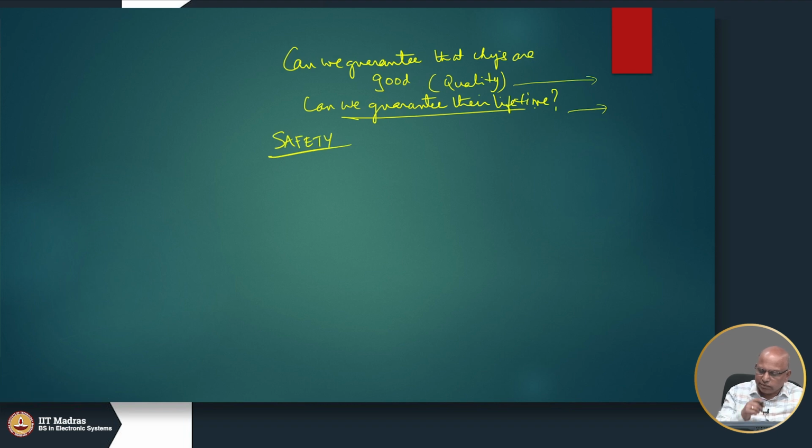So, chips may fail. See, remember this bathtub curve? Even here there is a small chance of failure, right? So, if you are making many cars, then definitely some of them will have those difficulties.